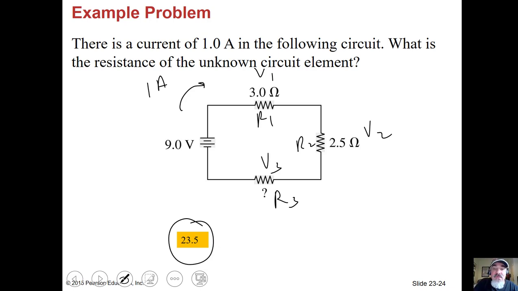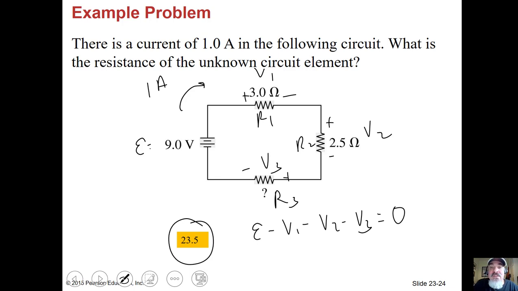Okay, so squiggly E, let's analyze the circuit. Let's start at the battery and work our way around. Plus to minus as I go this direction, because I'm assuming the current is going clockwise. So the battery actually does something for me. That's the squiggly E. And then I would have minus V1, minus V2, minus V3, and that's equal to 0.